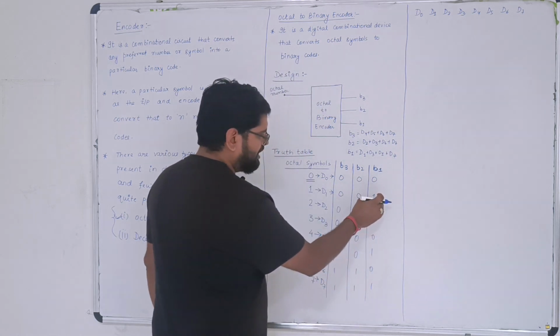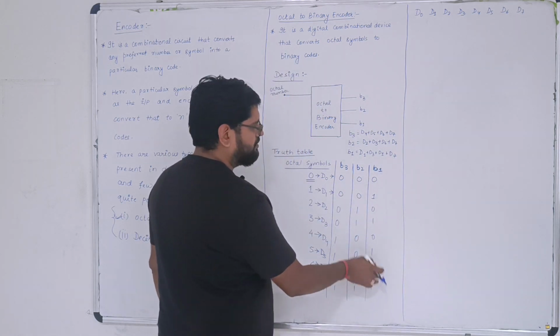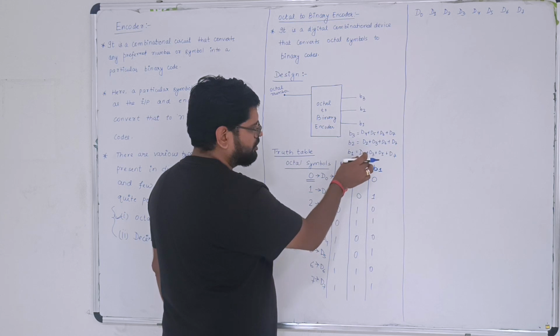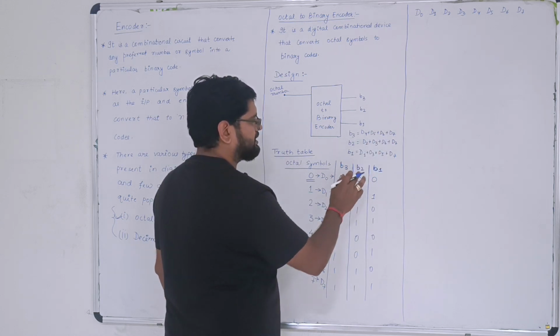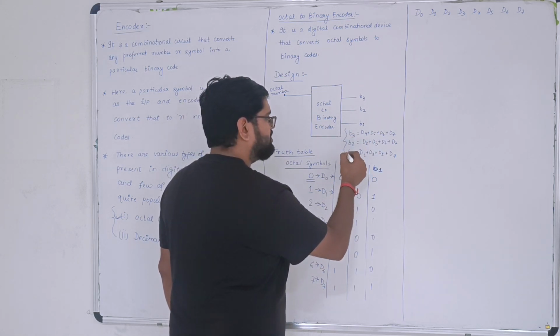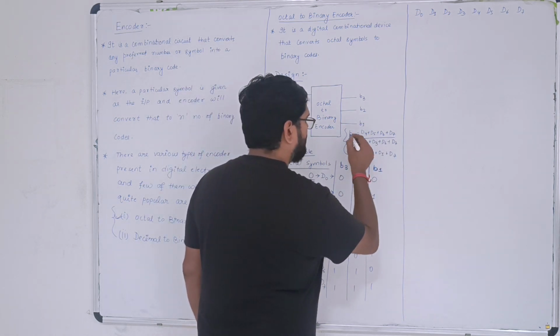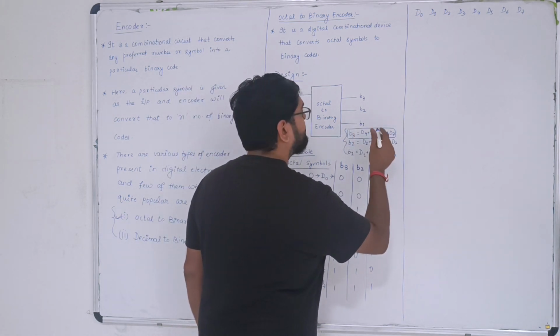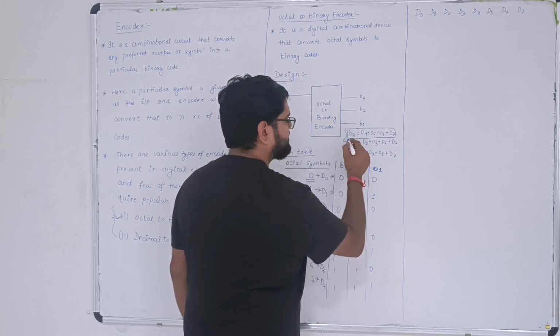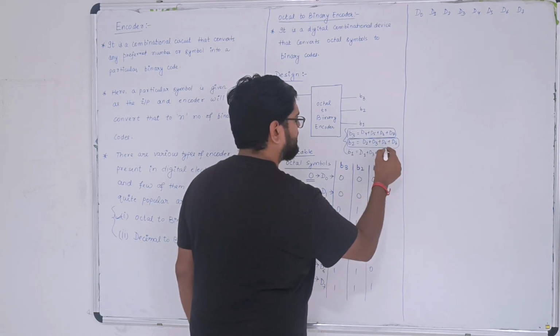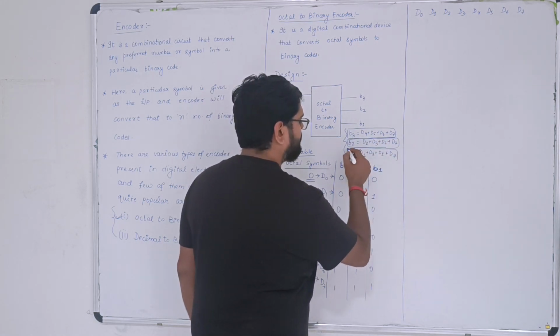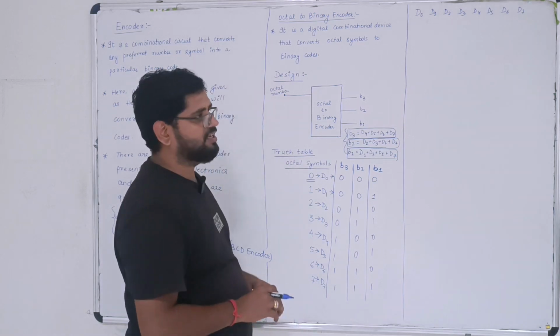The values where we are getting 1, we keep into account and put a plus sign in between. So these are the three Boolean expressions that we have to design, and if we are able to design these, we'll be able to design our encoder. So we'll go one by one and design each of them.